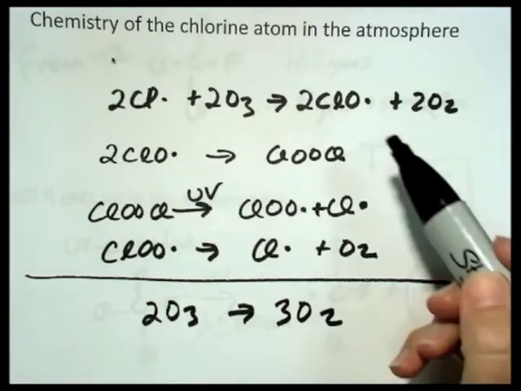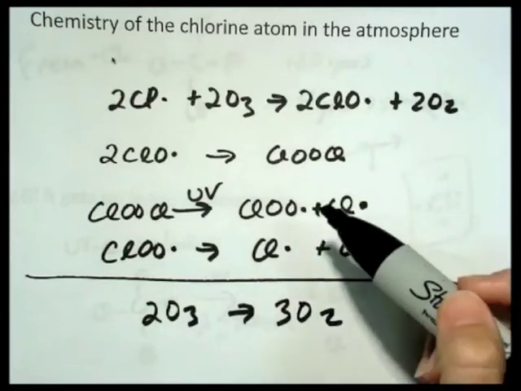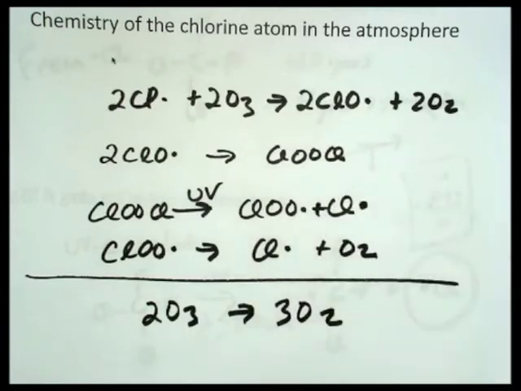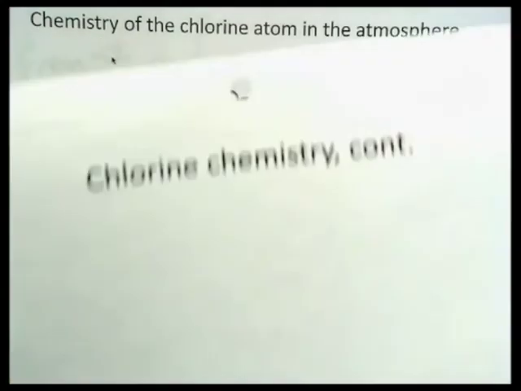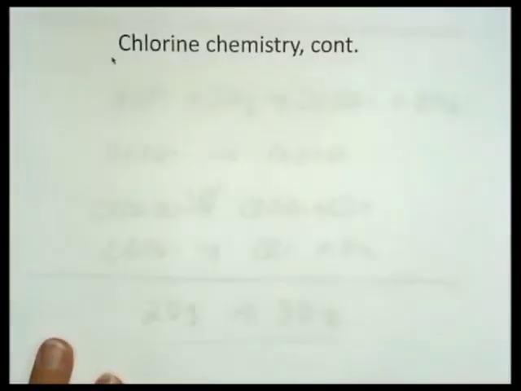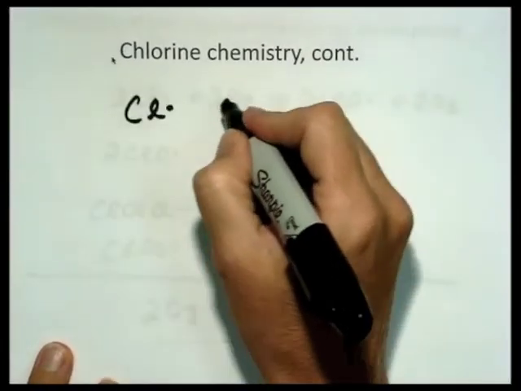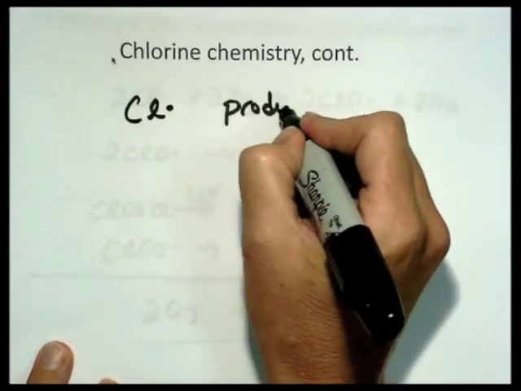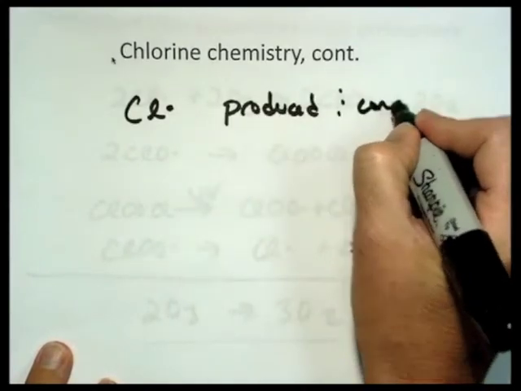So the result of this reaction is that the chlorine atom is produced in the presence of the ultraviolet light, and it initiates the breakdown of the ozone, but itself is not in the netted reaction. In this process, it's both produced and consumed.